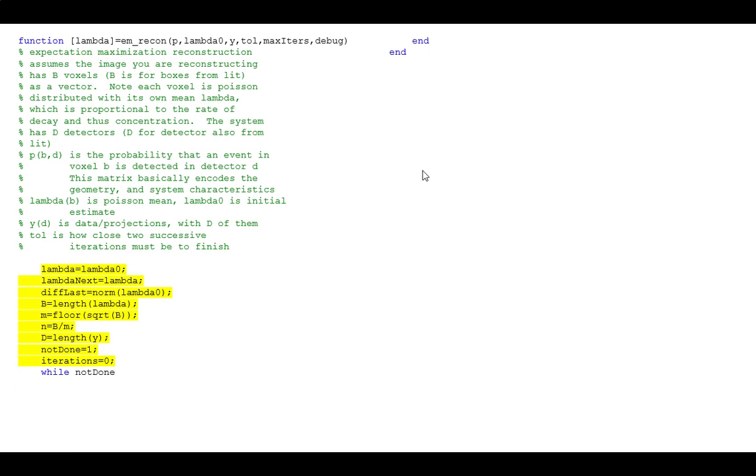Now, that could be ridiculously small, right? Because if somebody's lambda 0 guesses 0, then that norm is going to be 0. So that's why you also have to be a little bit careful with the tolerance.